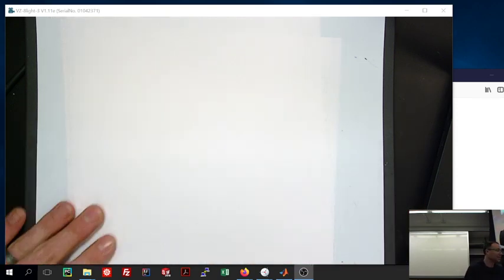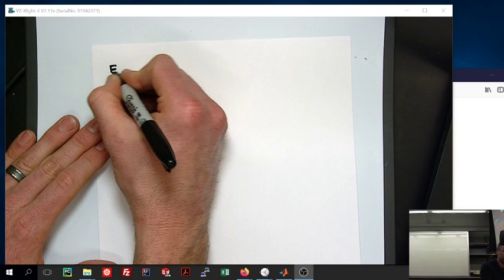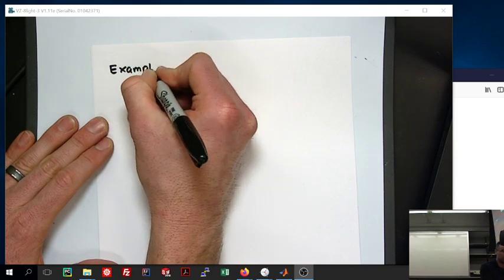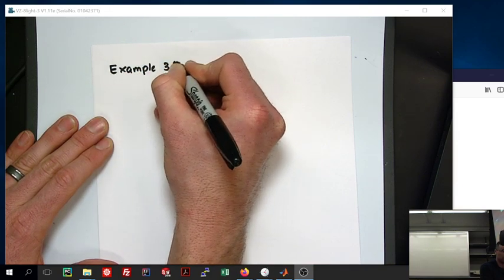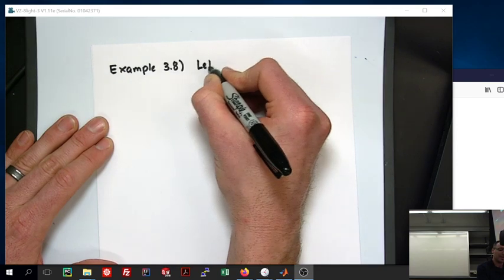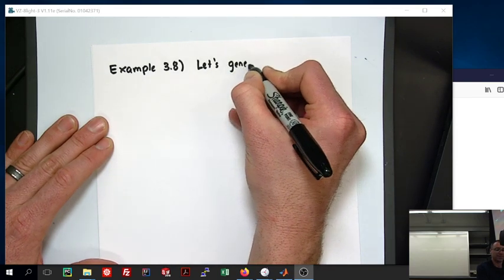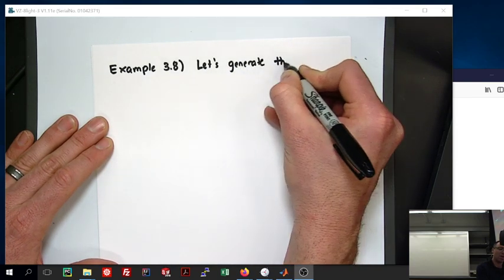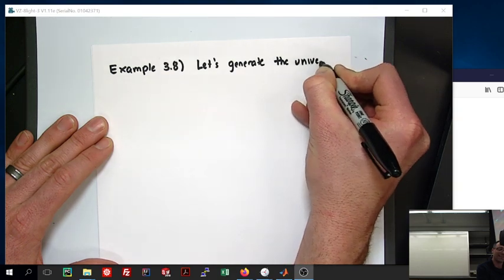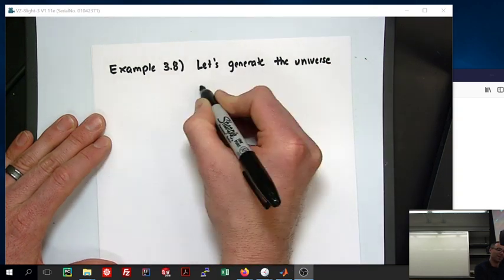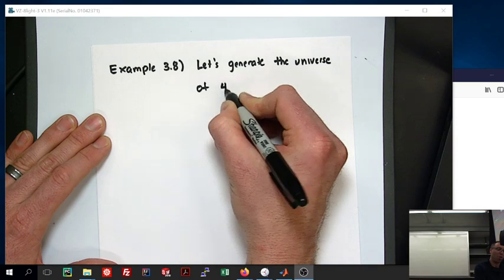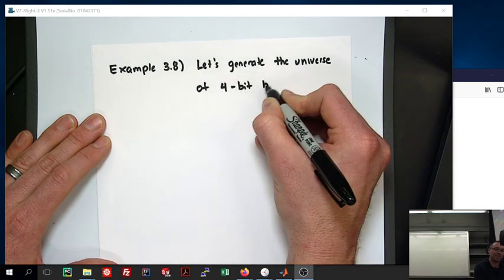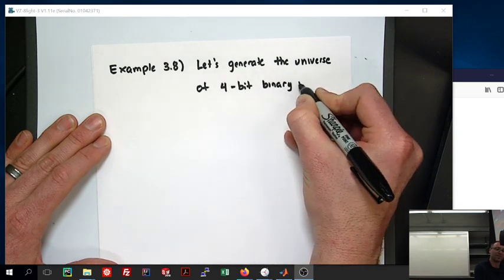That's crazy. So this is example 8. Let's generate the universe of 4-bit binary numbers.